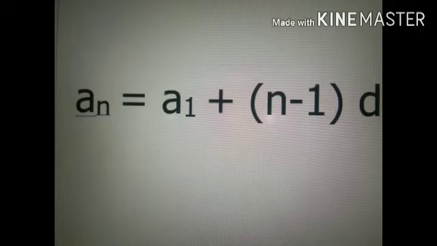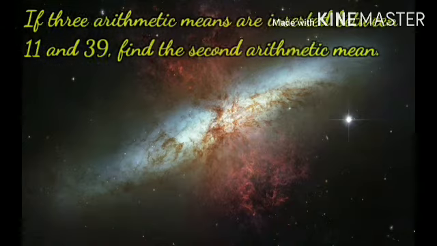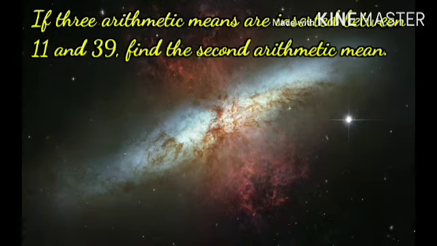By using the formula, a sub n is equal to the first term plus the quantity of n minus 1 times the common difference, we can determine the common difference by substituting 39 to the last term, 11 to the first term, and 5 for the number of terms.